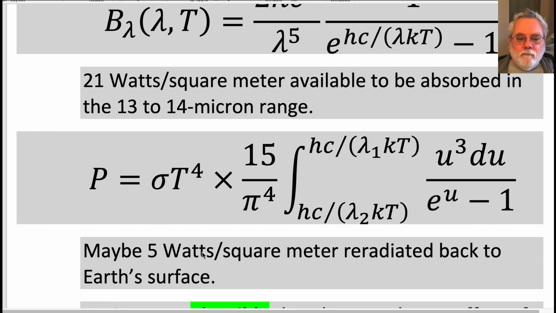Maybe 5 watts per square meter would be re-radiated back to Earth's surface. This is larger than, but in the same ballpark as the change in immediate forcing that we will see reported by the ModTran tool in a little bit.